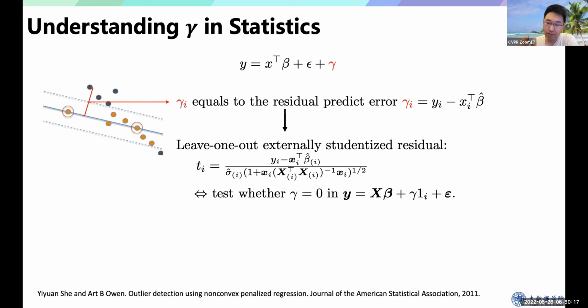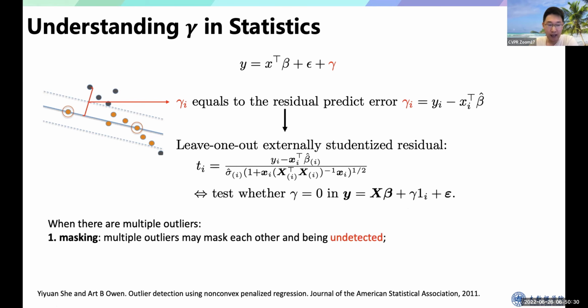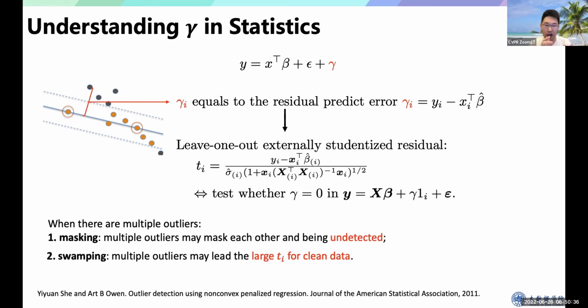However, this can only be used for a single outlier. When there are multiple outliers, there are phenomena we call masking and swapping. Masking means that multiple outliers will mask each other or help each other, making all the outliers undetected.